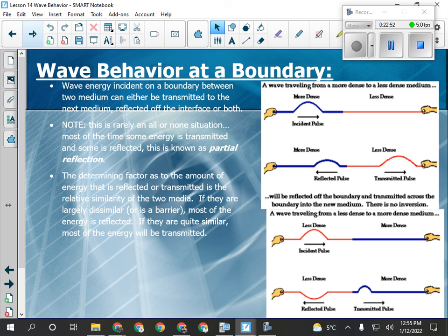So if I go from slow to fast, I get an upright reflected wave. You have to memorize that. If I go from a slow medium to a fast medium, the reflection off the boundary is upright. That is, it's the same as the incoming wave.